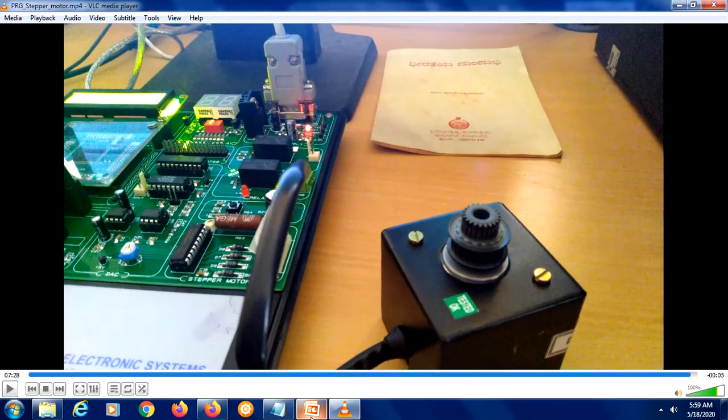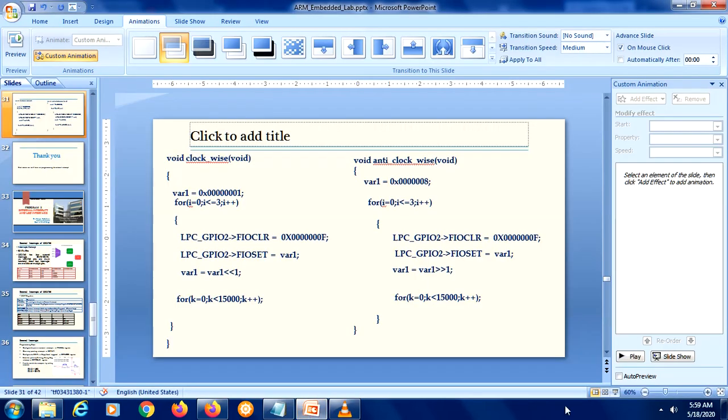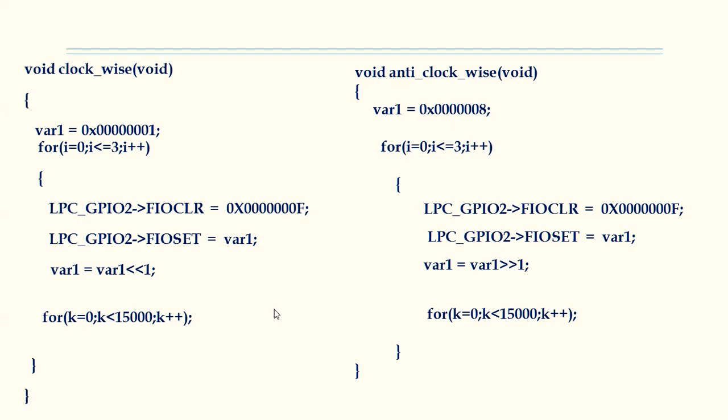Okay, so we have seen how the motor rotates in the clockwise as well as the anti-clockwise with respect to the program that we have written. There can be many modifications to this program. As I said, it can be only for a particular step angle, for a particular angle of rotation, or it could be for a particular number of steps.